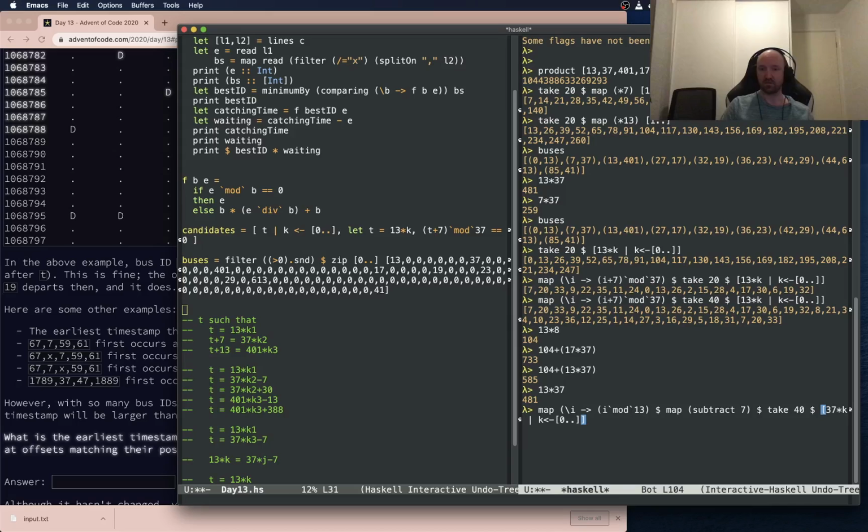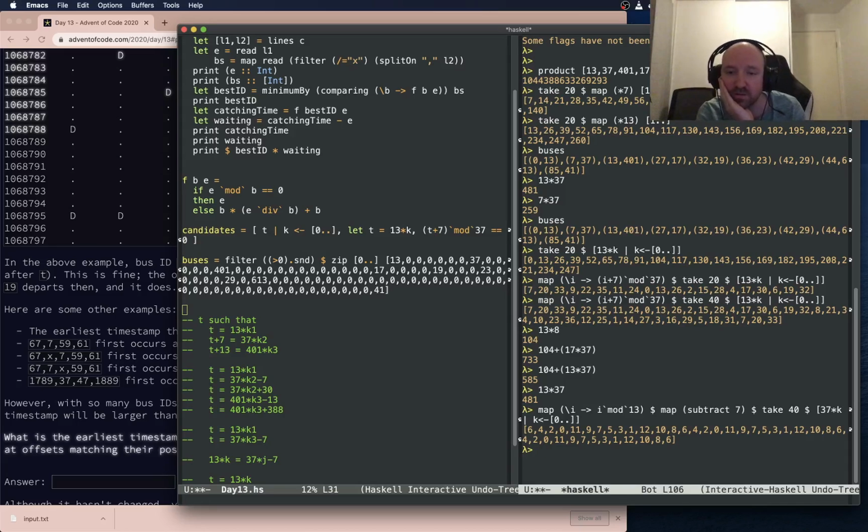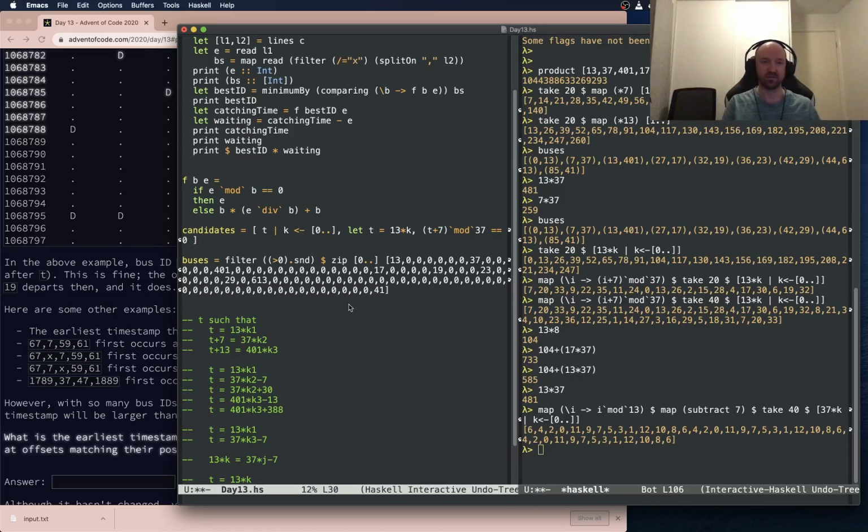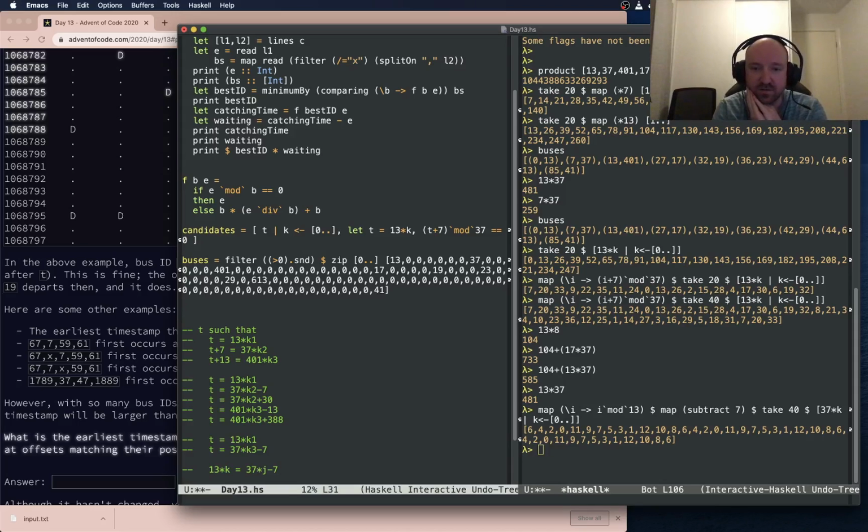Oops, didn't like that. Maybe we'll do that. There we go. So now we're getting again a repeated pattern, but it's only 13 long, which is good. Because I think that means we can just multiply them together, take the shorter one, find out where it's 0. I think this might work. So let's have another go.